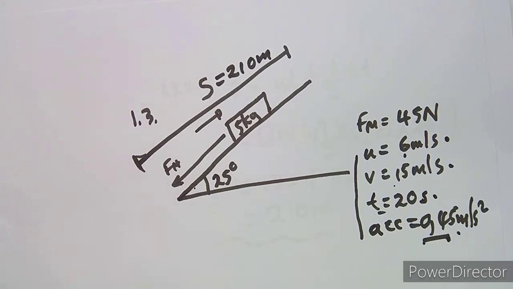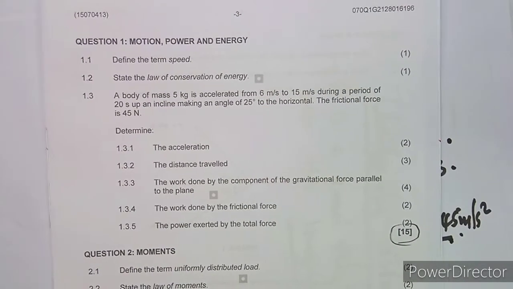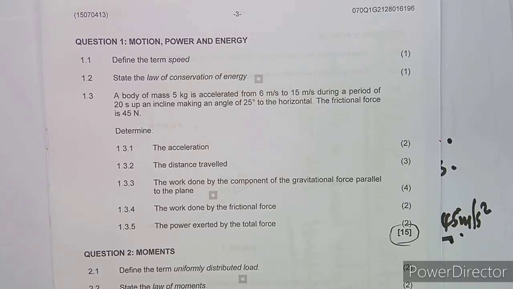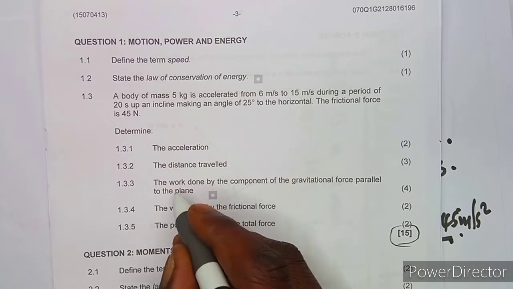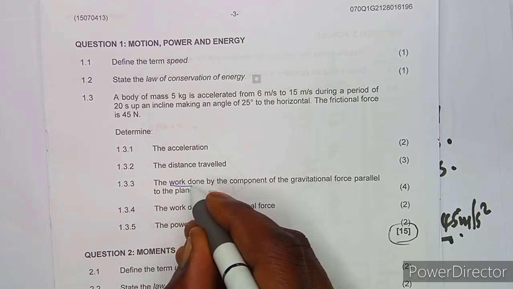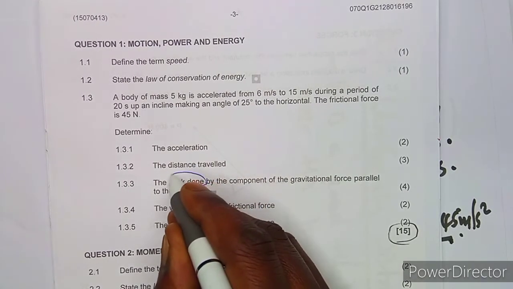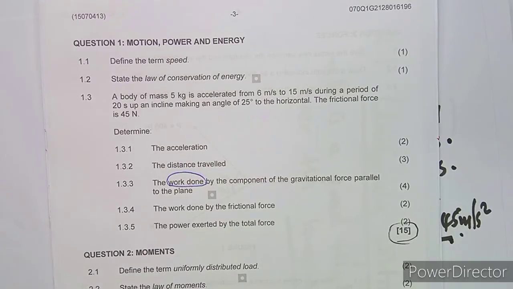All right, then in this case, guys, you must be very, very careful about this part here. The question is to determine the work done, not the weight component, but the work done, not the weight.